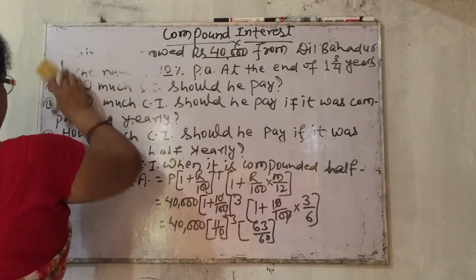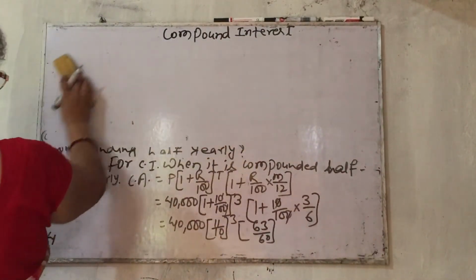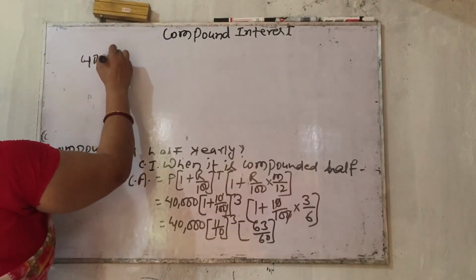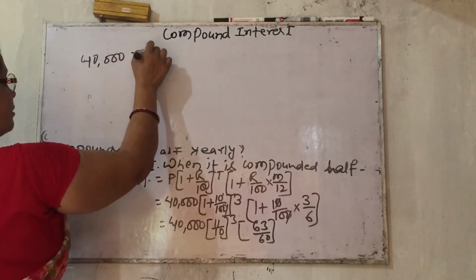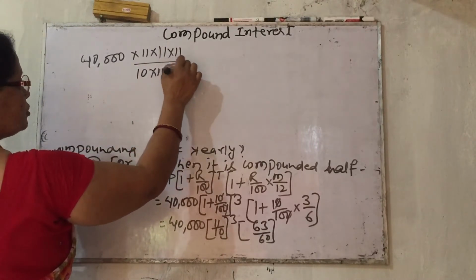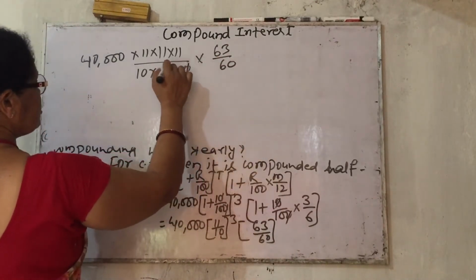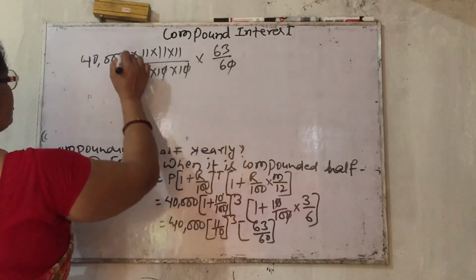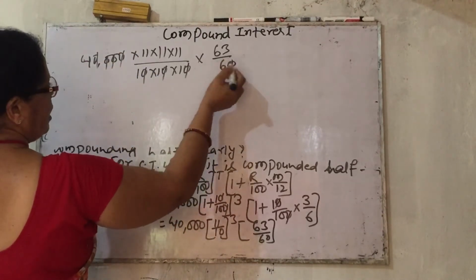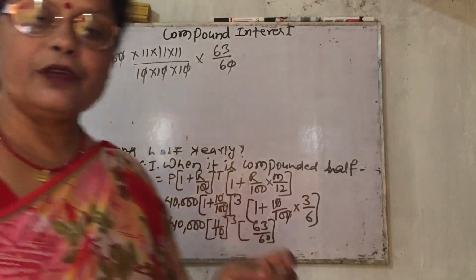Here I am going to write the question. Forty thousand into 11 divided by 10 into 10 into 10 into 63 by 60. The zeros cancel. Now let's multiply 11 into 11 into 11. Again we can cancel that.